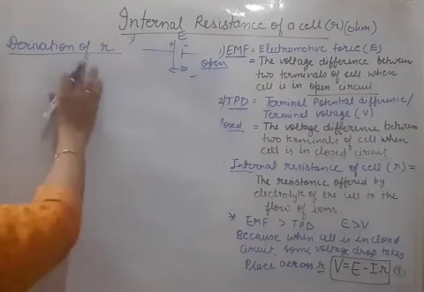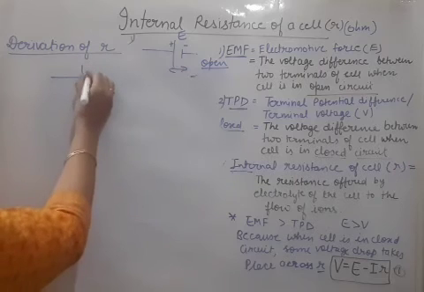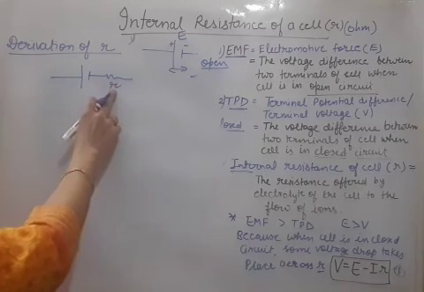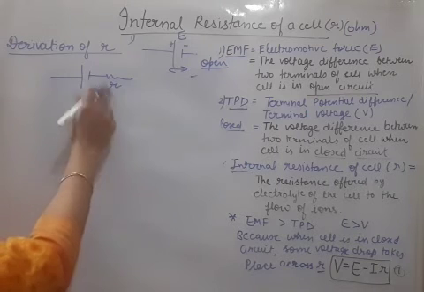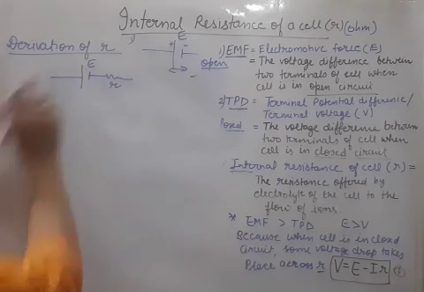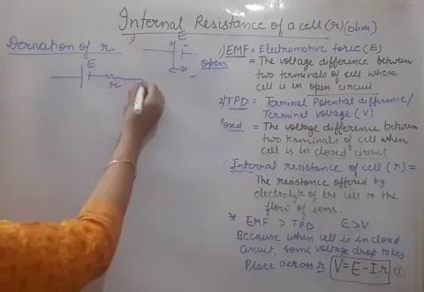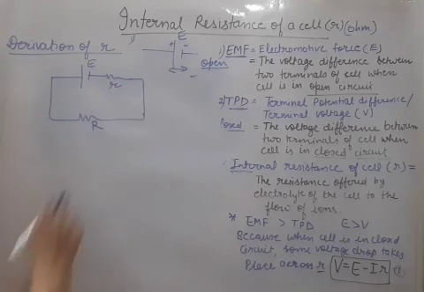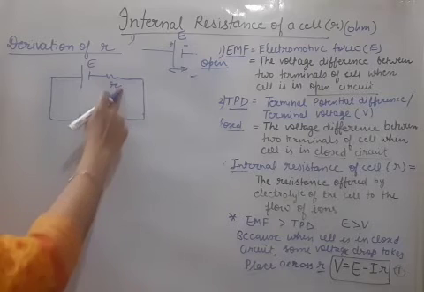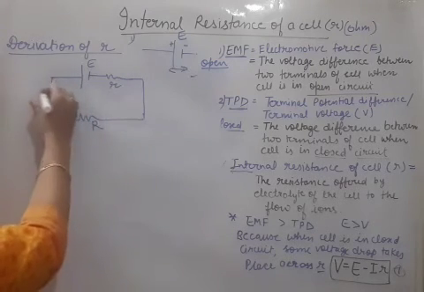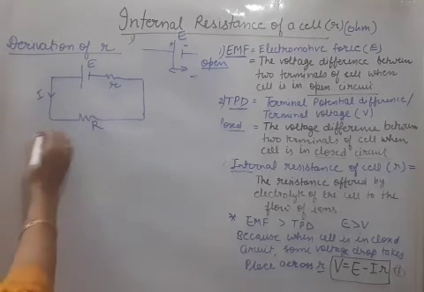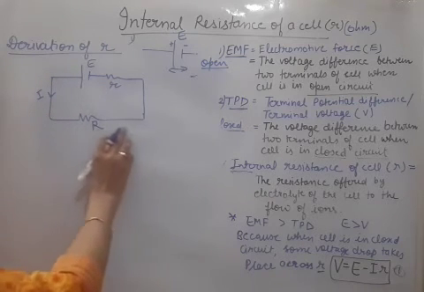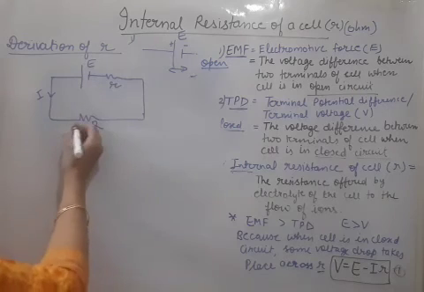So when the derivation of small r is asked, we need to draw a cell, and as I told you, a cell is always shown along with its internal resistance. So the cell can provide maximum E voltage. Now small r always comes into picture when the cell gives current. Now suppose one current I flows through this capital R and moves to this side.